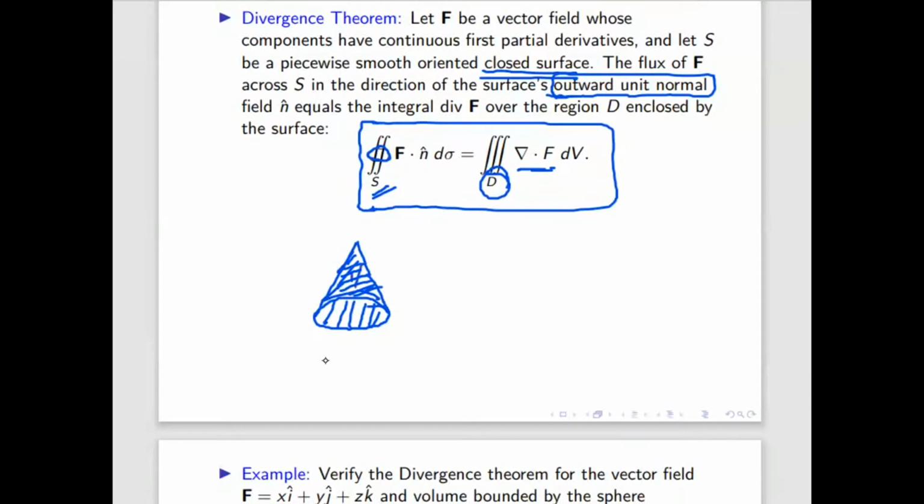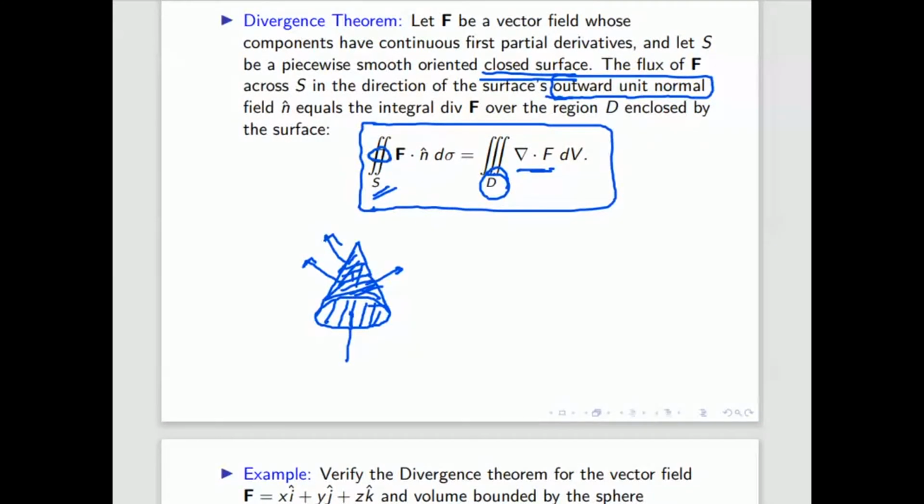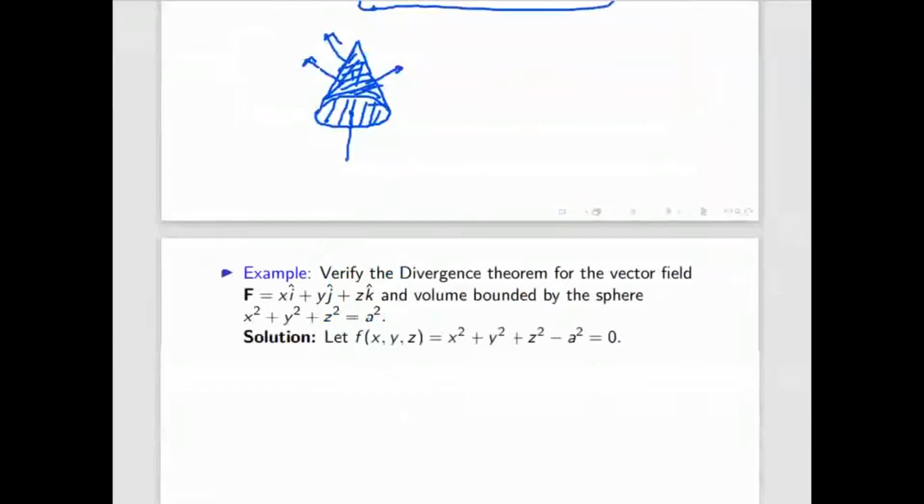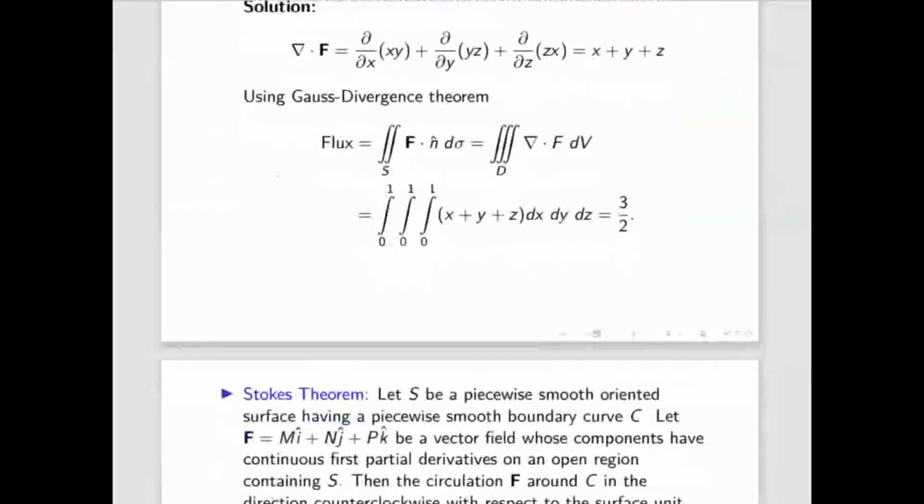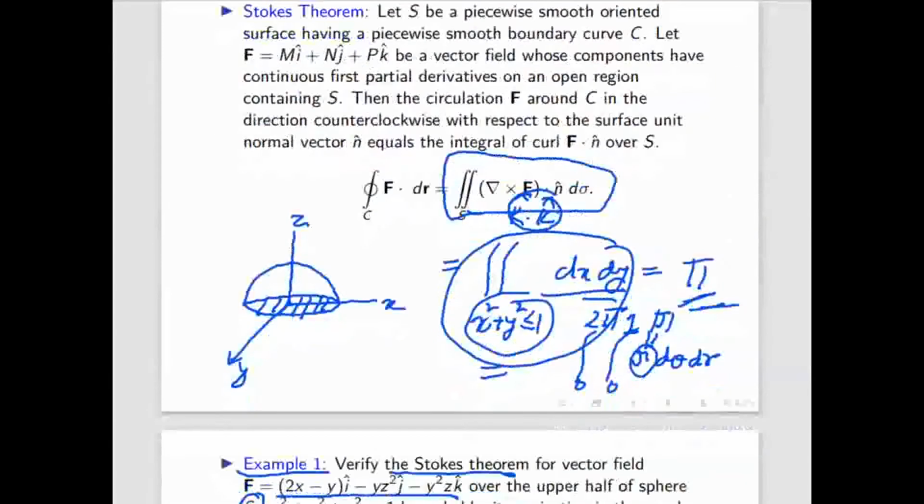Outside, this side. So over this disc, the normal will be in the minus z direction. Yes or no? If you take plus z, it will go inside the cone, but it should be outside. So that's why I took minus k there, because I am applying the divergence theorem.